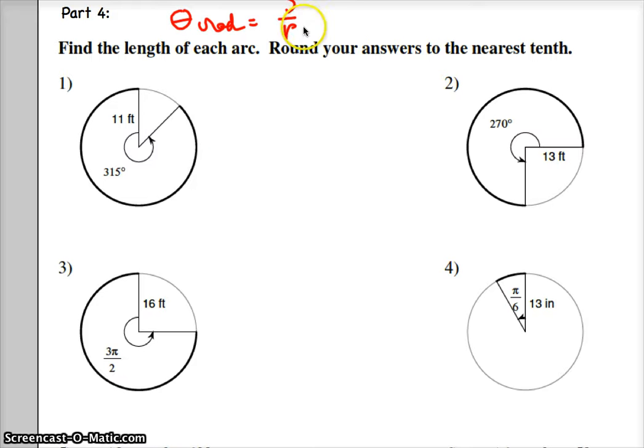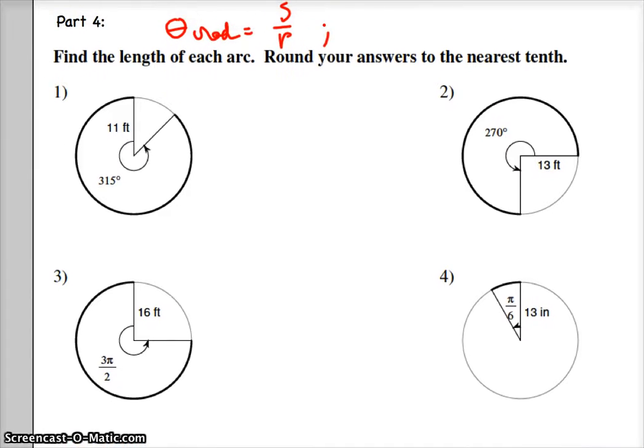So if we're solving for the arc length, let's go ahead and rearrange our equation. So we have s equals theta radians times the radius of r. And if you'll put the word radians after theta, hopefully that will help you to remember to always convert degrees into radians.